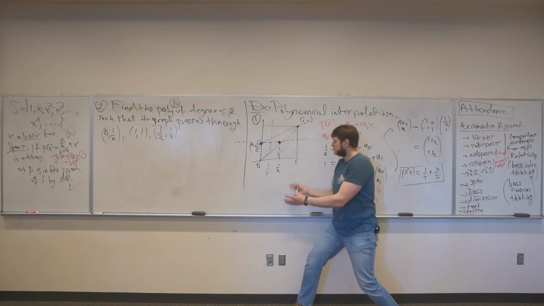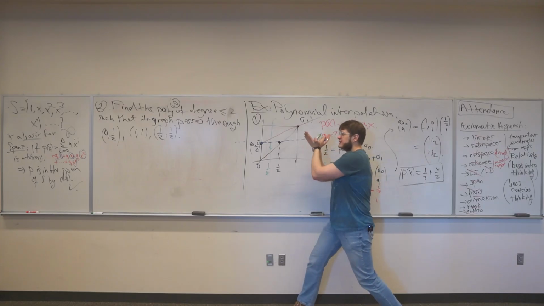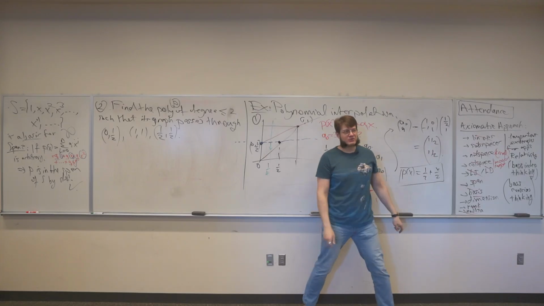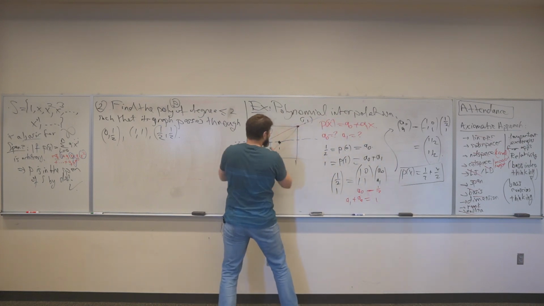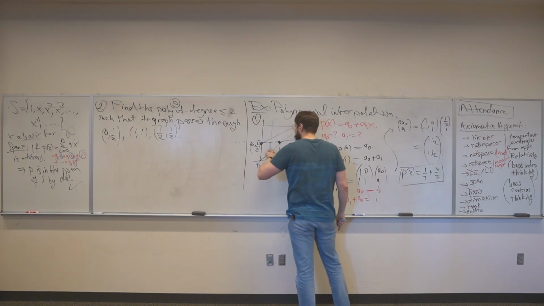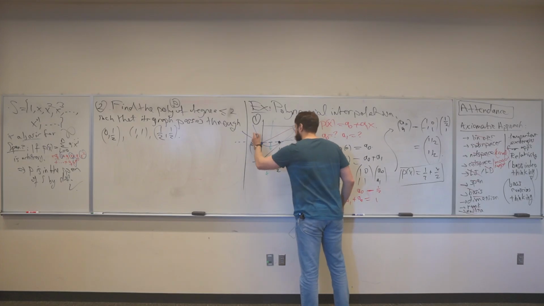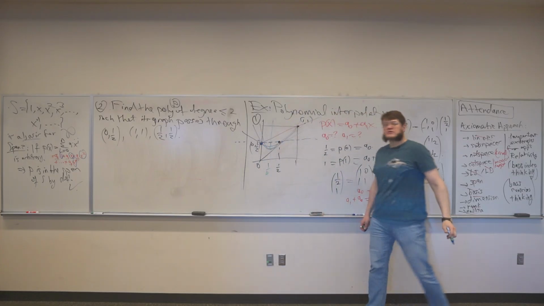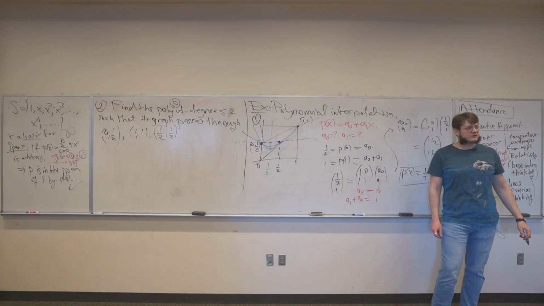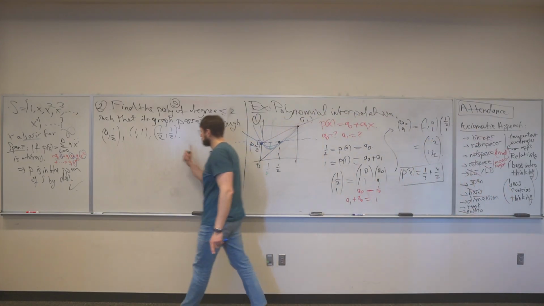As I pull this, I'm imagining that this blue line starts sort of folding as a parabola. And certainly, as this keeps folding, eventually I'm going to hit this point also. Do we see this? This is the intuition, of course, so it's specific to these 3 points.